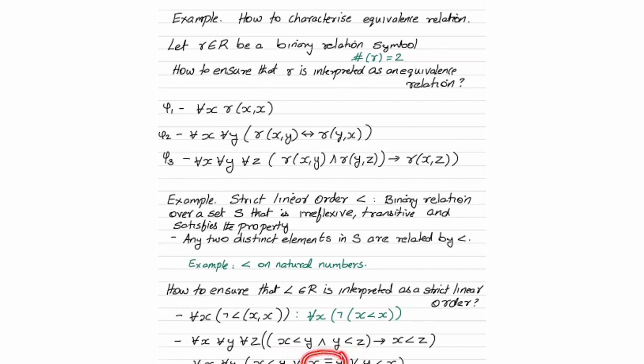Here I'm using equality, which is inherently part of the logic. So either x is less than y, or they are the same, or y is less than x. This specifies that you take any two elements in the underlying set, and you can compare them. Again, I hope this makes sense. If there are questions, please ask. Is this okay?